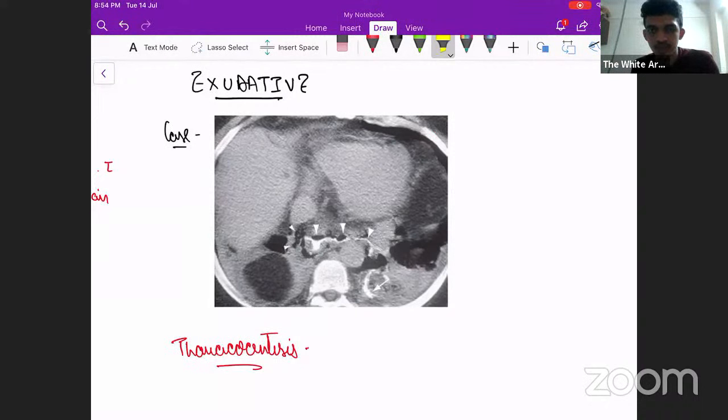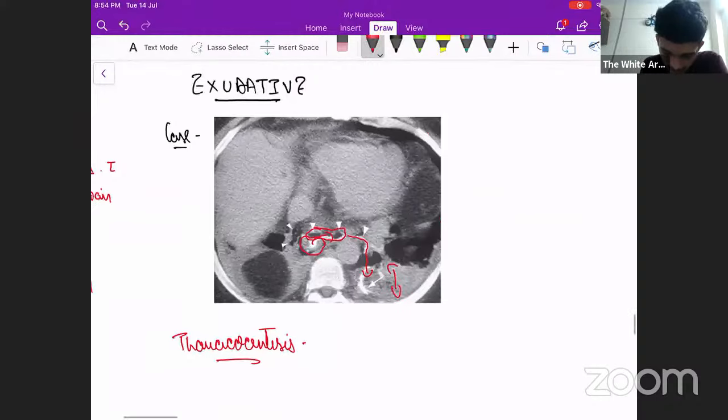Just by looking, could anyone diagnose? Okay, now I'll start giving clues then. There is some amount of air collection in the mediastinum. This is the esophagus. Some amount of air collection is there. On inserting dye through the esophagus, there is leakage of the dye, and this dye seeps through and comes into the place where there is pleural effusion.